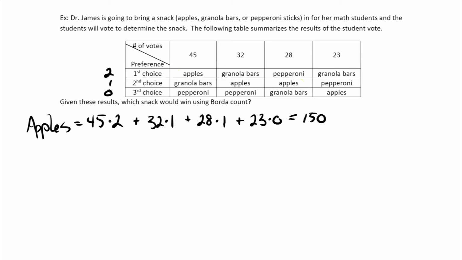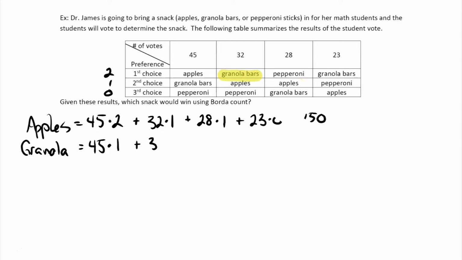which is equal to 150. Now we're going to follow through, do the same process, this time for granola bars. So in the first column, granola bars were second choice, and there were 45 of those. So that means we've got 45 times 1. Now we're looking at the second column, and granola bars are ranked first there.